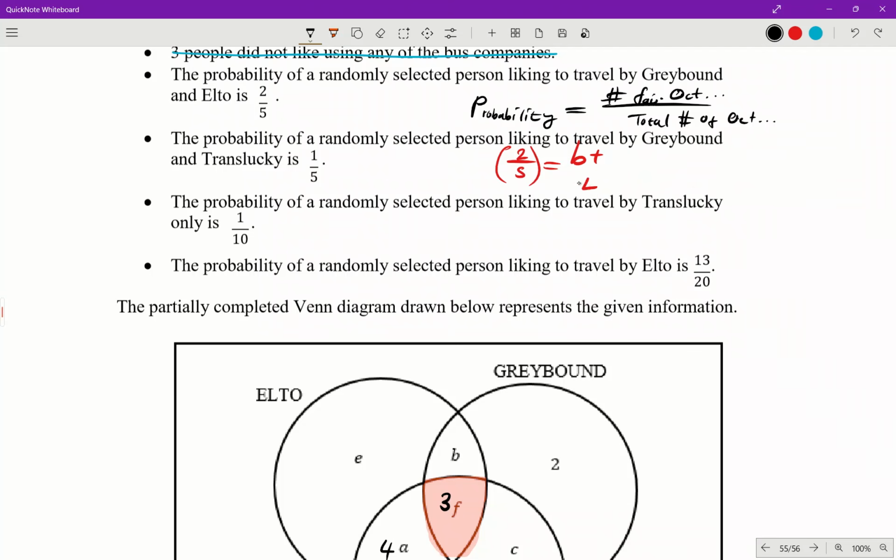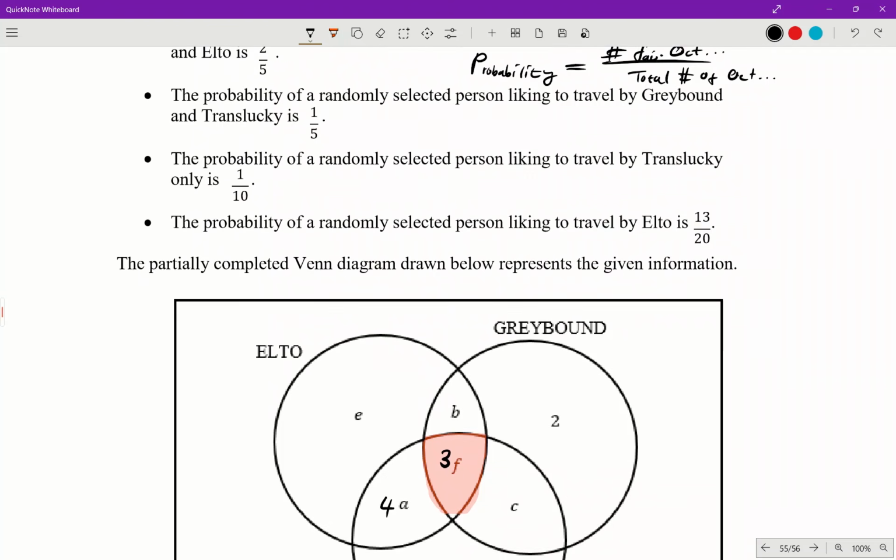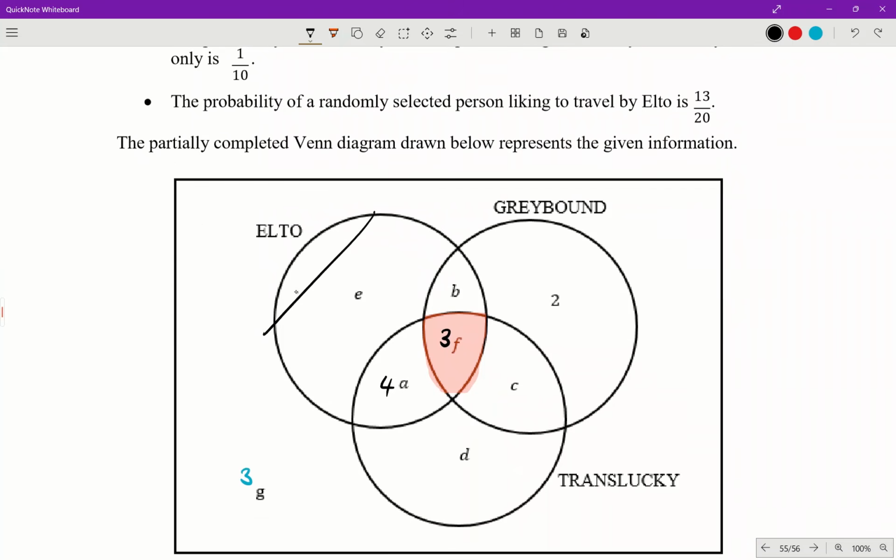We're just gonna solve everything using this formula here. It's like a puzzle, guys. Once you understand what's happening, everything becomes simple, right? So the probability of a randomly selected person liking to travel by grain boundary and transcrystalline.